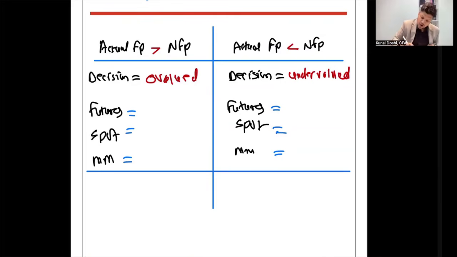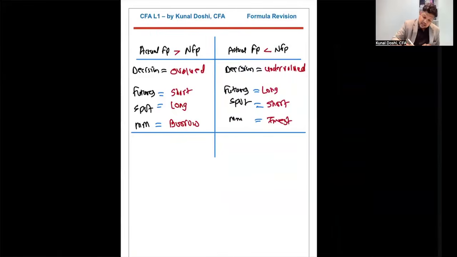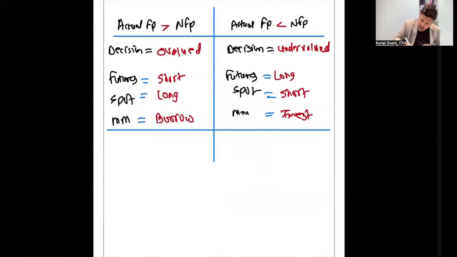So if the future is overvalued, we will short the futures today and long the spot. On maturity, we will square off. Since we are long in the spot, in the money market we will borrow at the risk free rate. If the future is underpriced, we will long the futures and short the spot. Since we short the spot, we will invest in the money market at the risk free rate. In this case, the arbitrage gain is already decided.